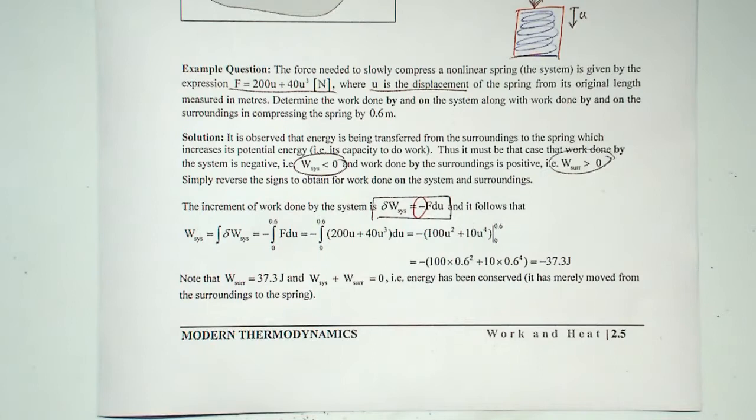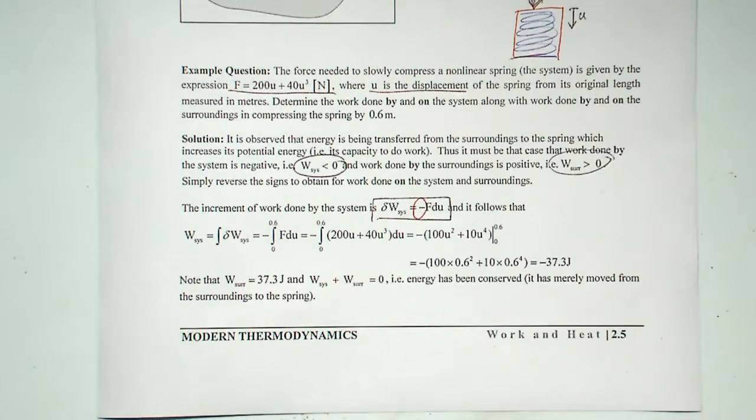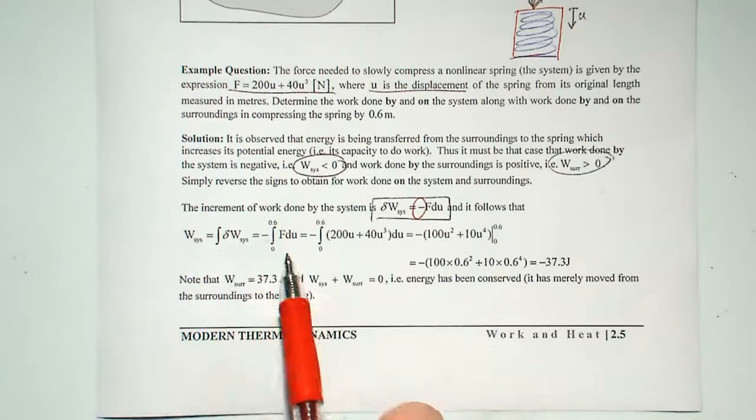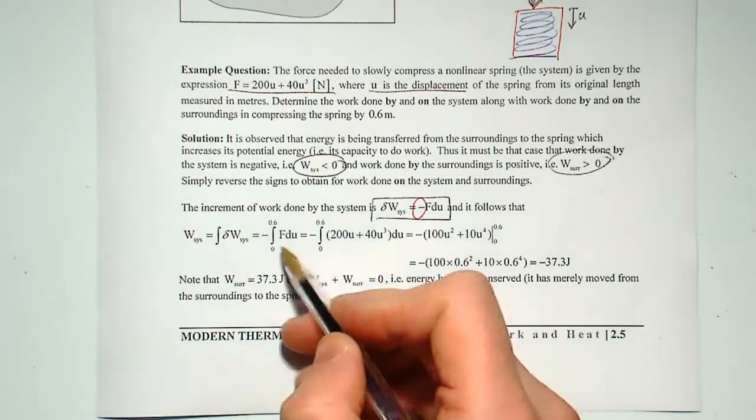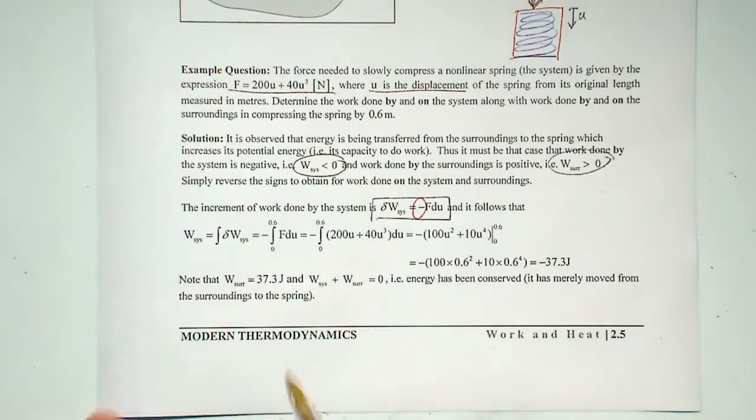Okay, so let's move on and look at the equation. Because this is a nonlinear spring, you've got to do integration on the equation. Let's write the work in terms of force and displacement, and I'm just going to replace F by the equation which we've been given here.